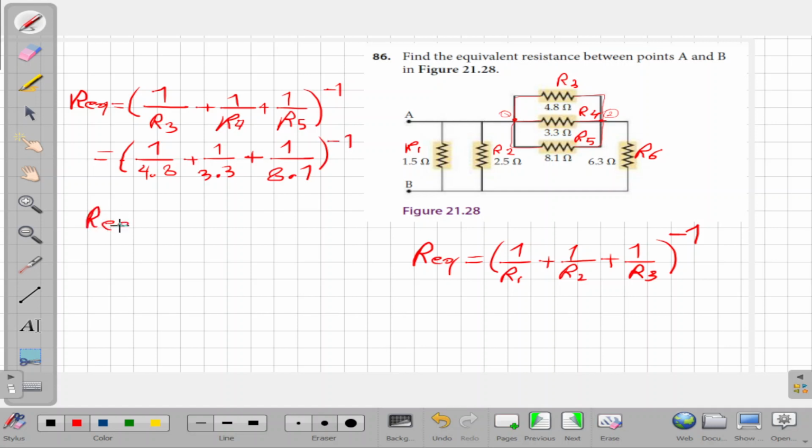Plug this in the calculator, and we will find that the equivalent resistance of this group of resistors is equal to 1.57 ohm.